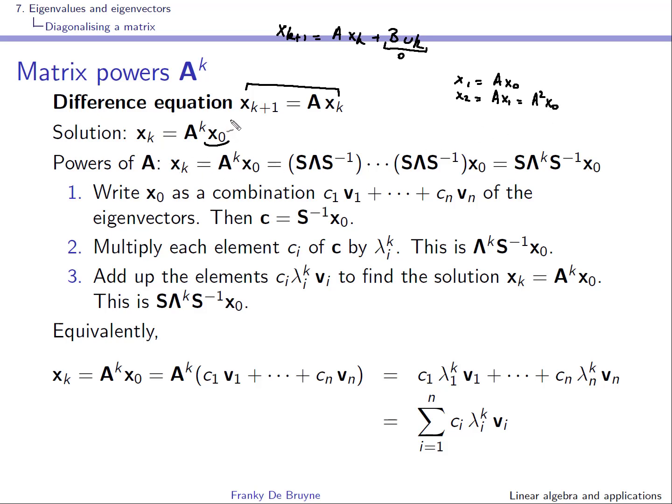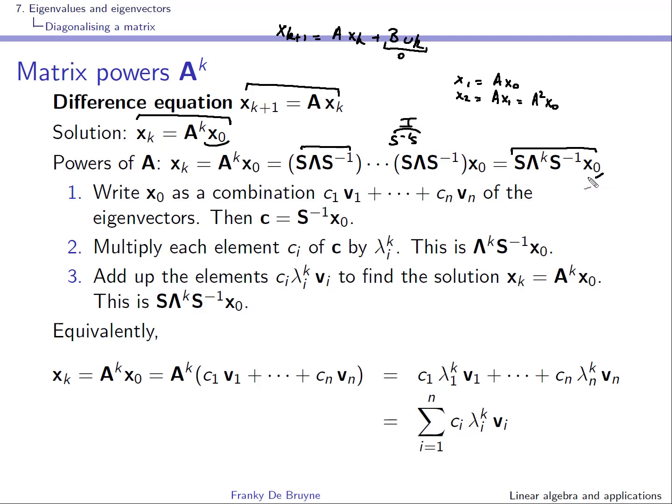So of course you end up with this equation over here. So if you write A as S lambda S minus 1, k times, you can write this like this. Remember that you'll always have here an S minus 1 S, which is the identity matrix.